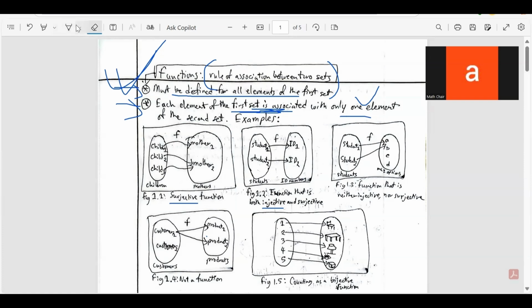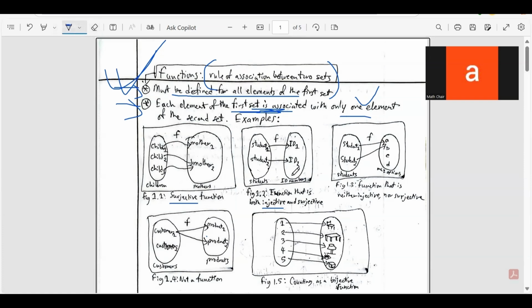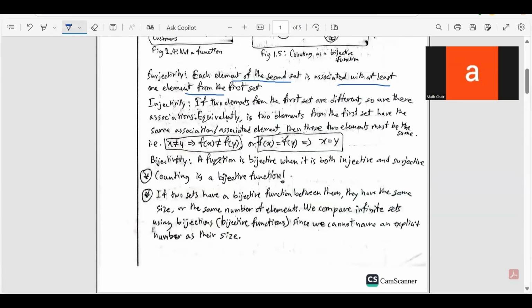And then what do we understand by injectivity? By injectivity, I mean that, let's say the two elements in the first set are different. If so, the elements in the second set that these two will be related to are also going to be different.